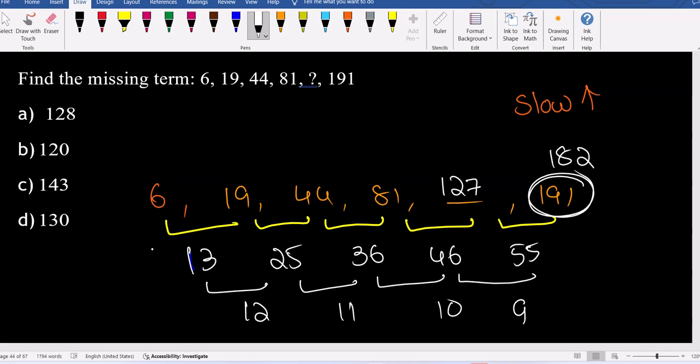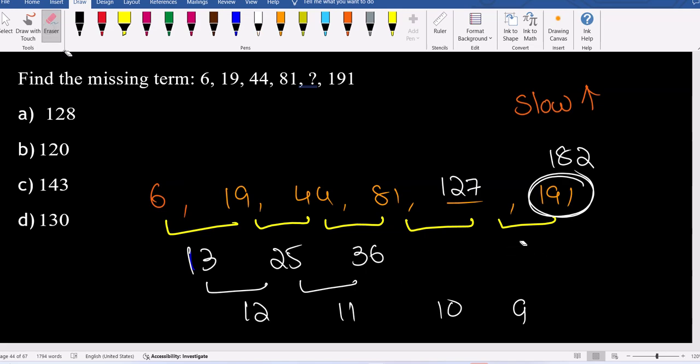Any other magic to be done? 13, 25, 36. 13 plus 8, 12. 2 plus 5, 2 into 5 plus 1. This is 2 square, 3 square plus 4, 9 plus 4, 2 square plus 4, 3 square. 36 is not a combination of any squares. What else can we add here?